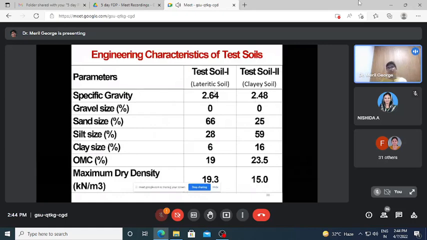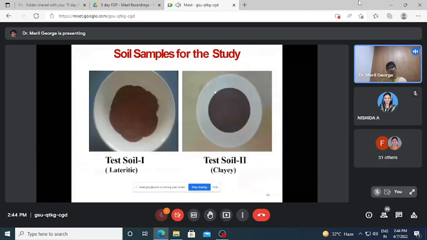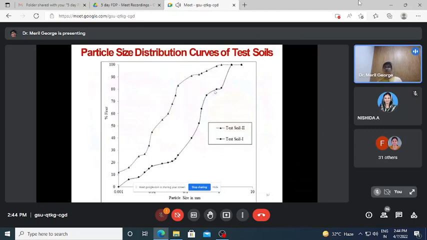I have mentioned that I have used two test soils, and these were the test soils. One was of lateritic nature and the other one was of clay nature. The initial properties of these test soils were also determined.